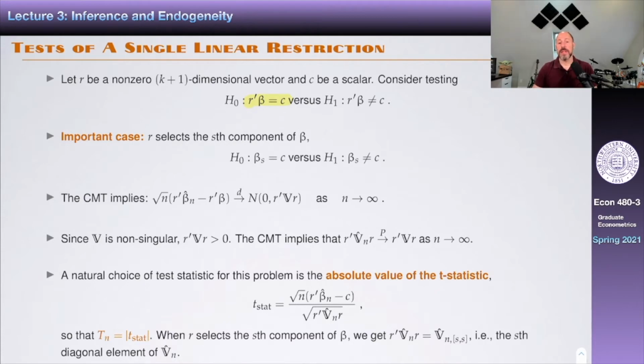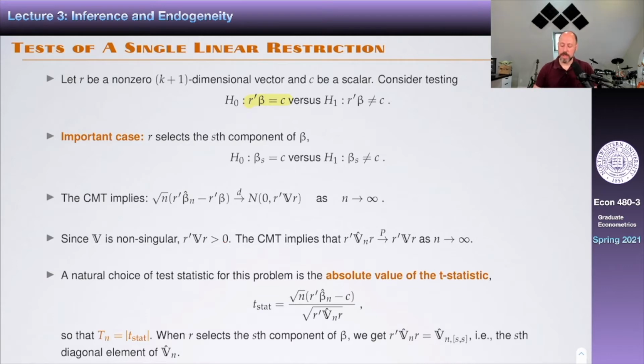Now, given the result that we had in the first slide, the continuous mapping theorem implies that square root n times R prime beta hat minus R prime beta converges in distribution to a normal with mean 0 and variance R prime B R as n goes to infinity. And since this matrix B, by our assumption 5, is non-singular, R prime B R is strictly positive.